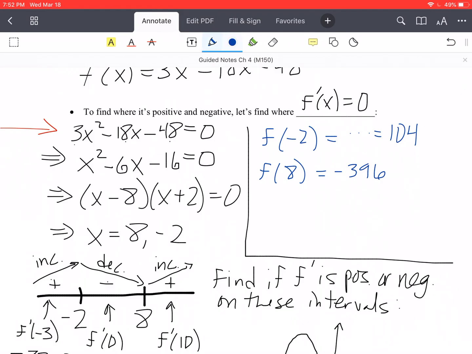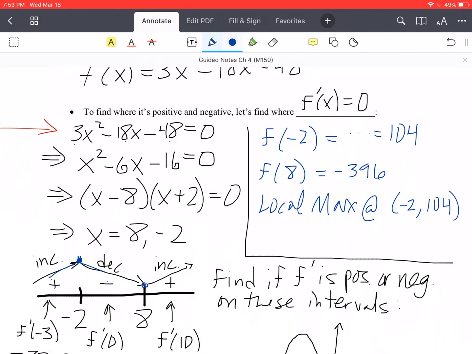So we see from this behavior that this point down here at -2 is bigger than everything else in its immediate vicinity, which means that this one is a local maximum. So we have a local max at the point -2, 104.